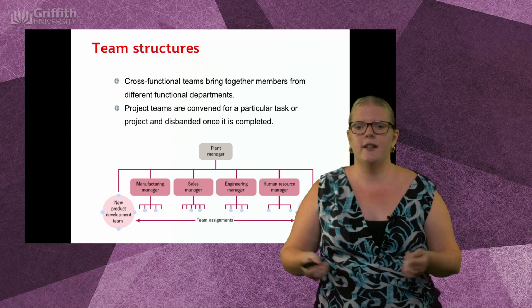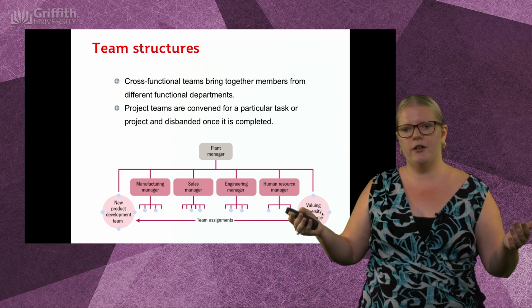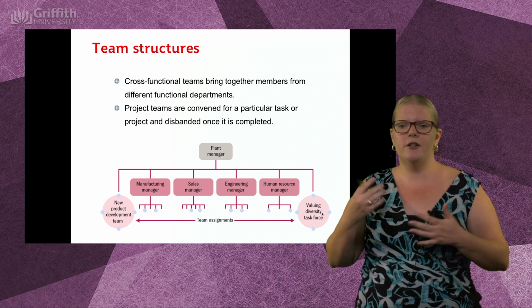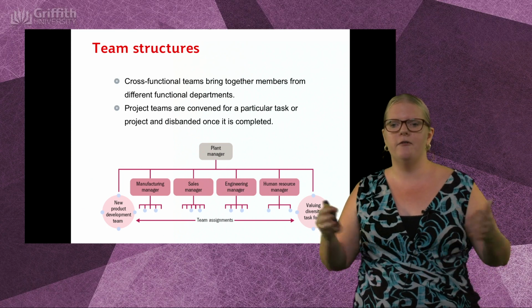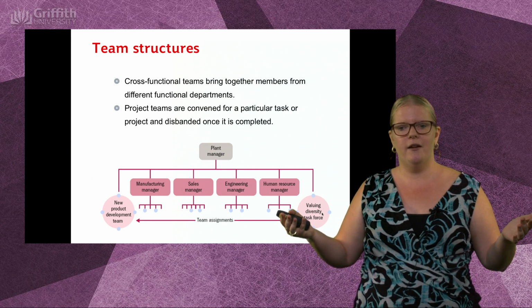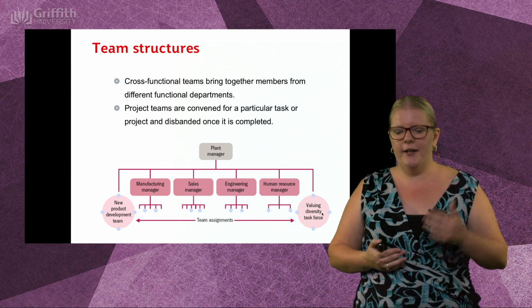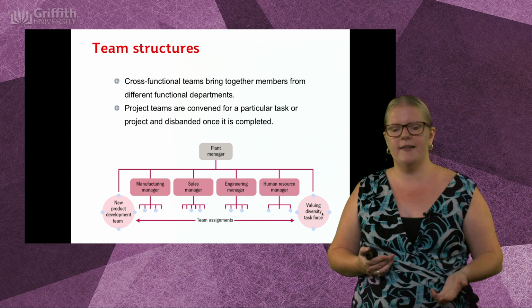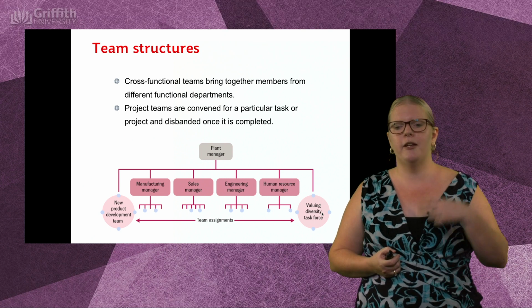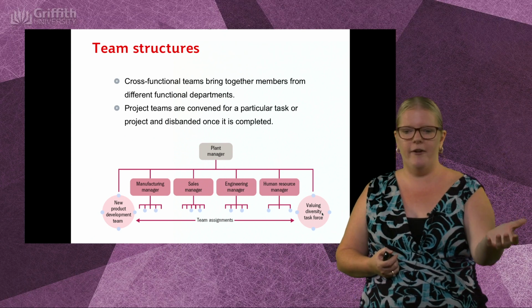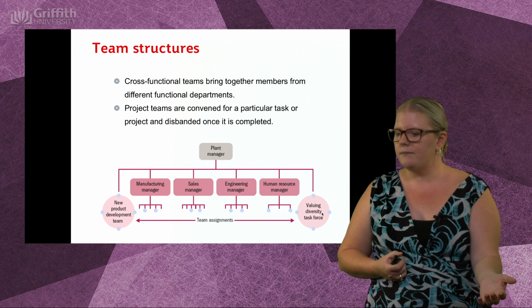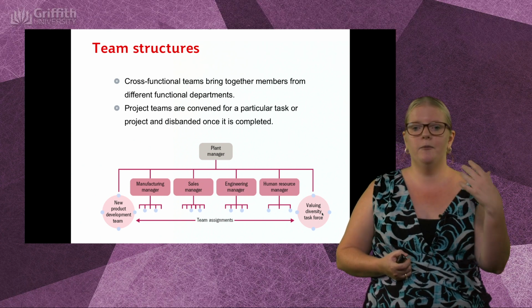The other type of structure that exists is called a team structure. Now, cross-functional teams bring together members from different functional departments. Basically, we all say, okay, we're going to work on this project, and the project may be something along the lines of developing guidelines for the effective use of, let's think about retail, plastic bags.